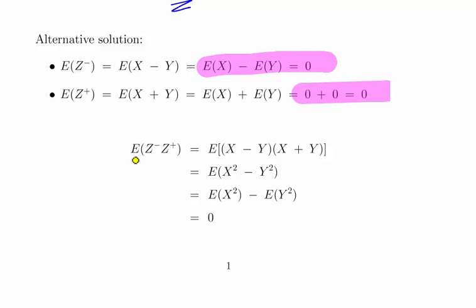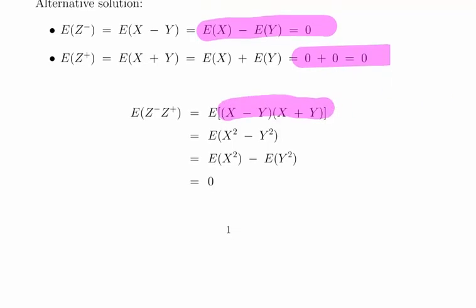And the expected value of z minus times z plus is x minus y times x plus y, that's the difference of squares. Expand that out: expected value of x squared minus expected value of y squared. In both cases that should equal 0, so 0 minus 0 equals 0.